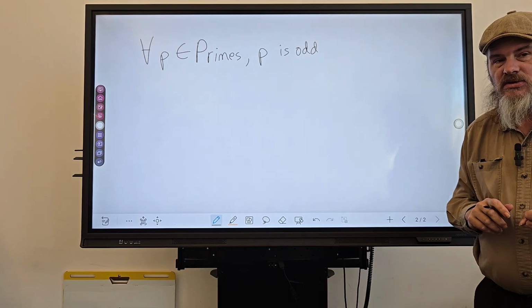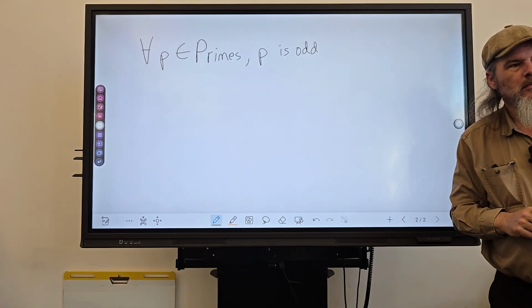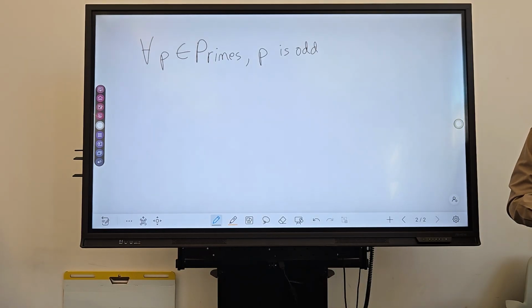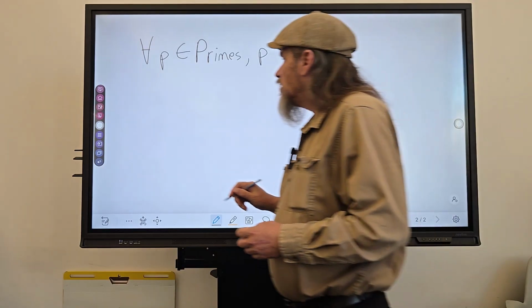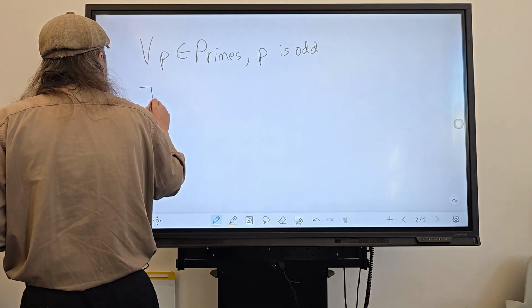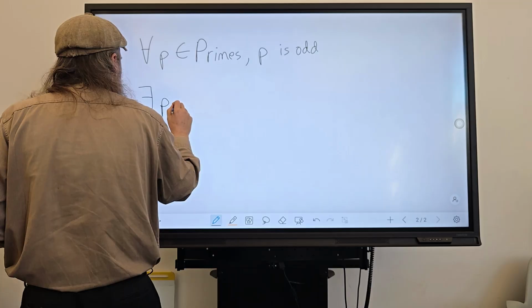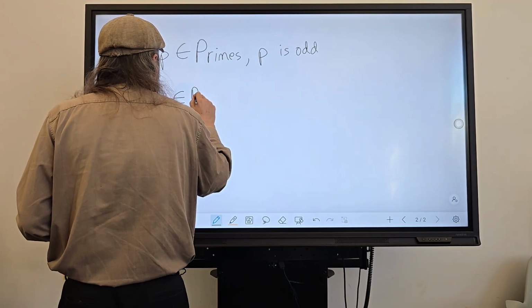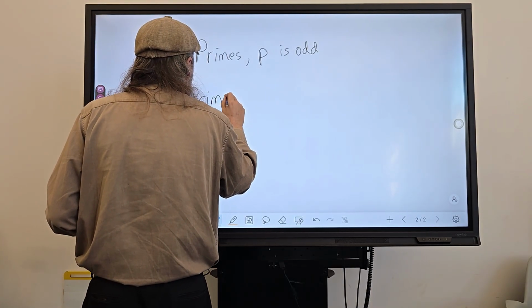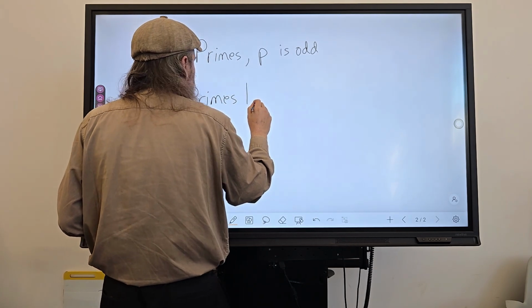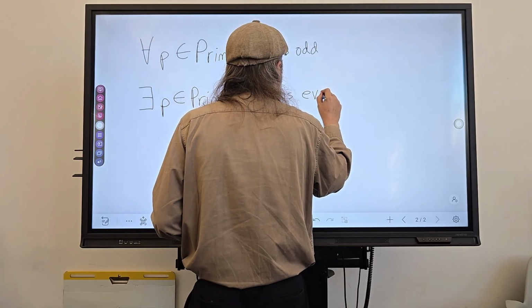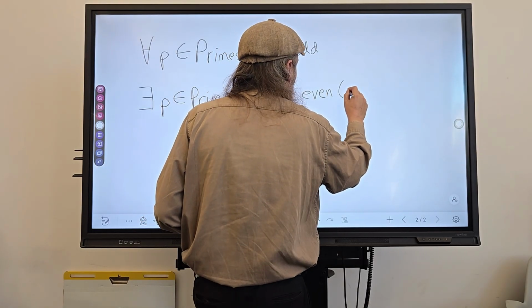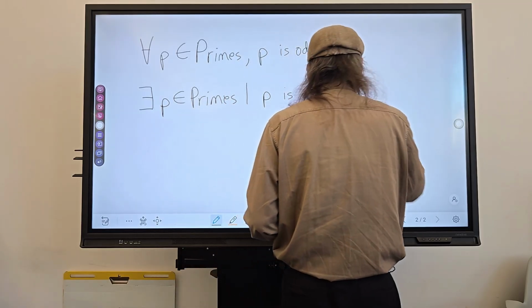So what's the negation of that? How do you make it true? Well, inverting it, there exists a p in primes such that p is even, or not odd.